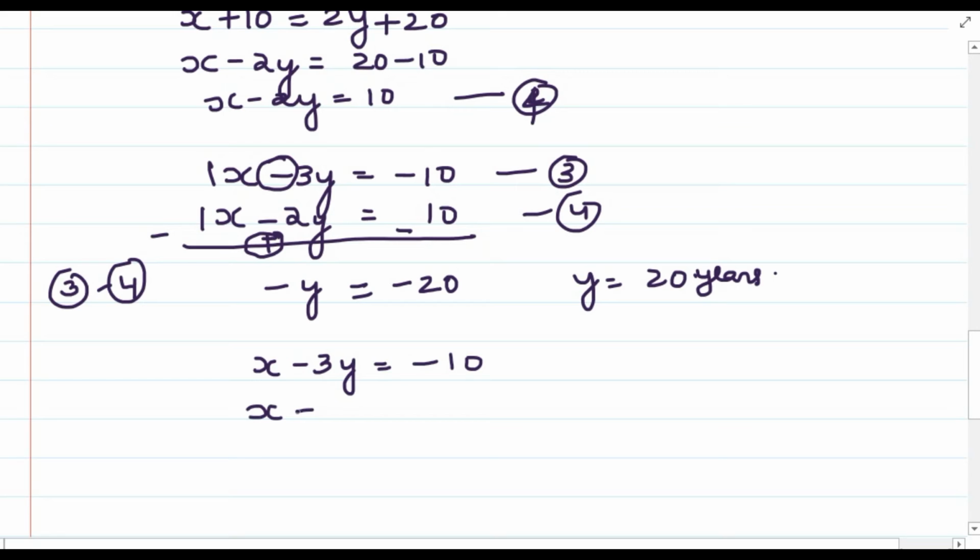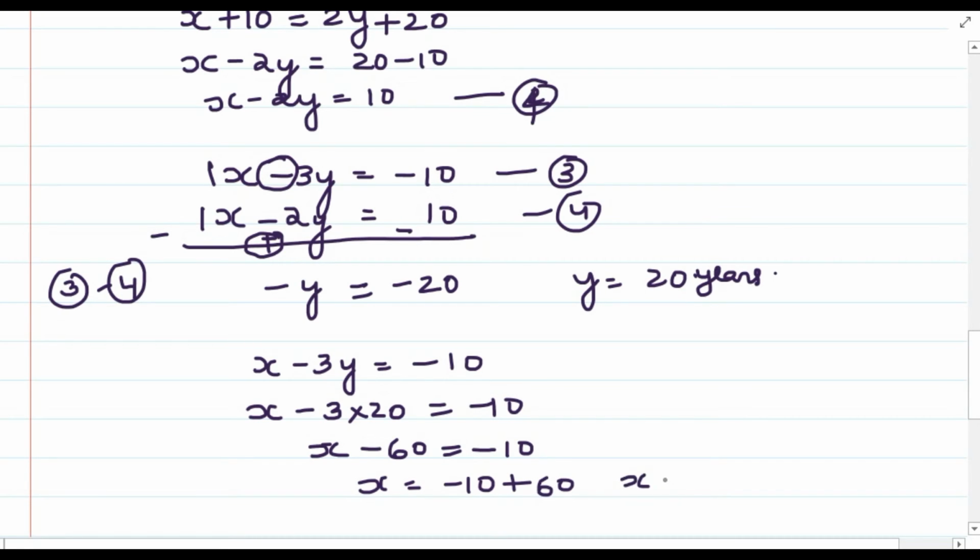So X minus 3 into 20 equal to minus 10. X minus 60 equal to minus 10. X equal to minus 10 plus 60. So X equal to 50 years. So the age of Nuri is 50 and the age of Sonu is 20 years old.